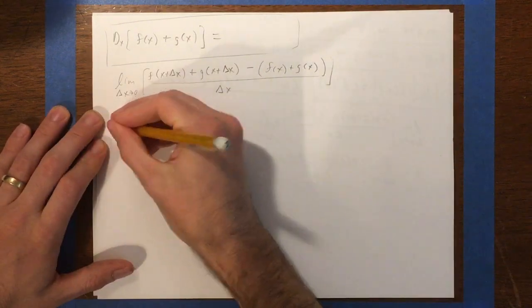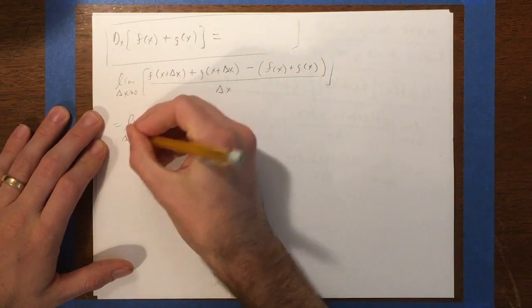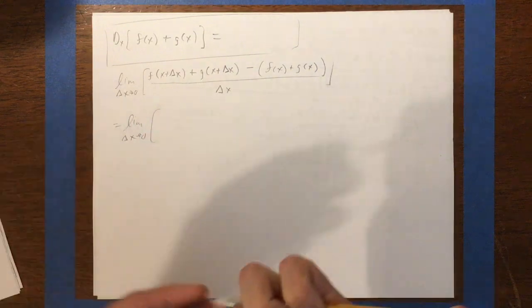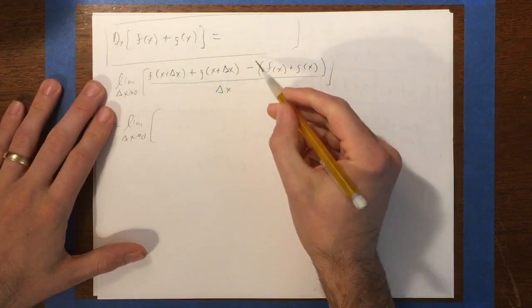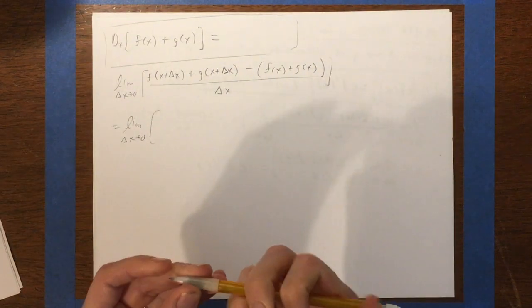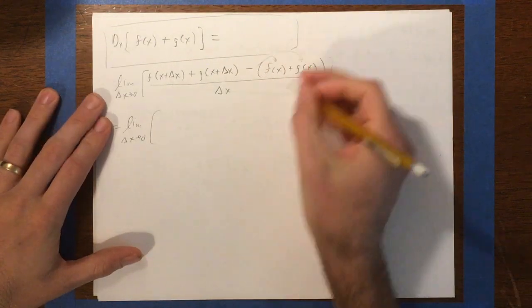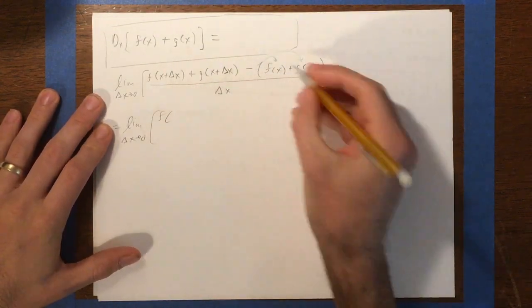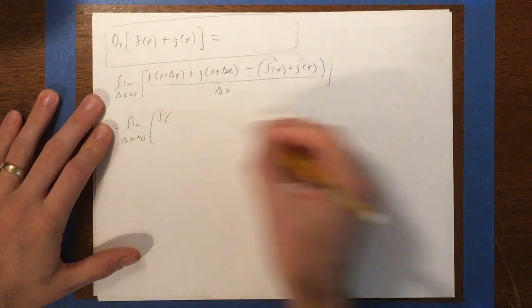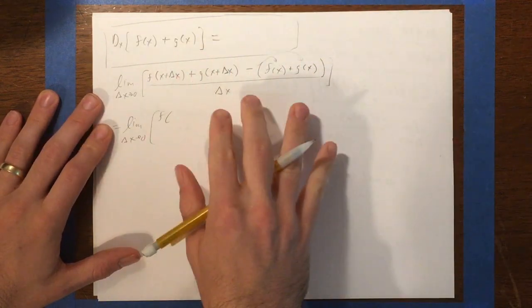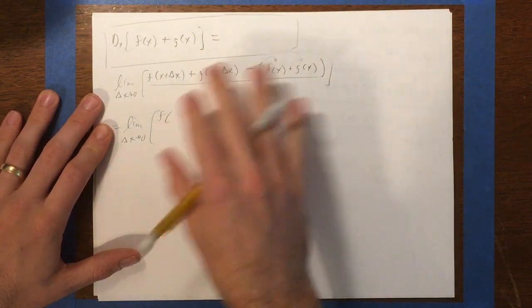All right, what can we do with that? Well, we can distribute this negative up here. So each of these is going to be negative. And then actually, I'm going to skip a step and combine two steps, and rearrange things as well.